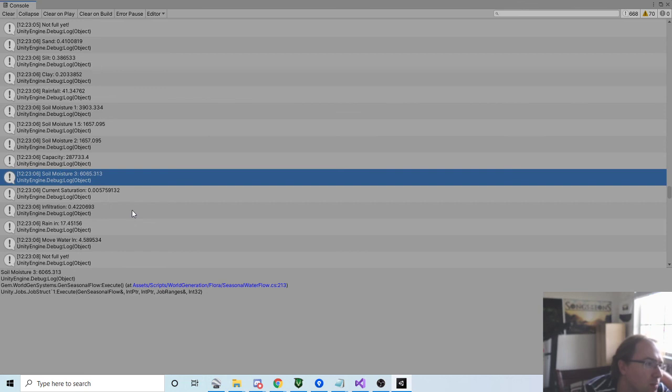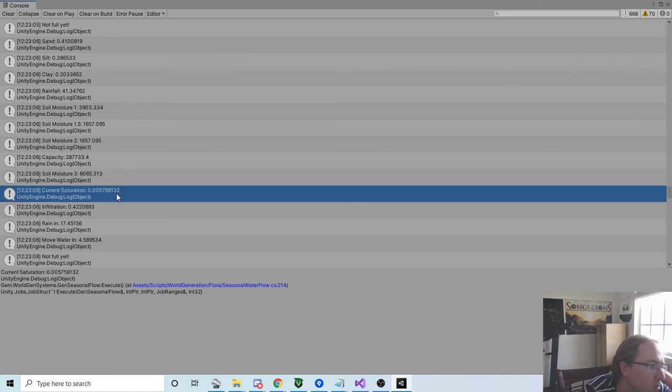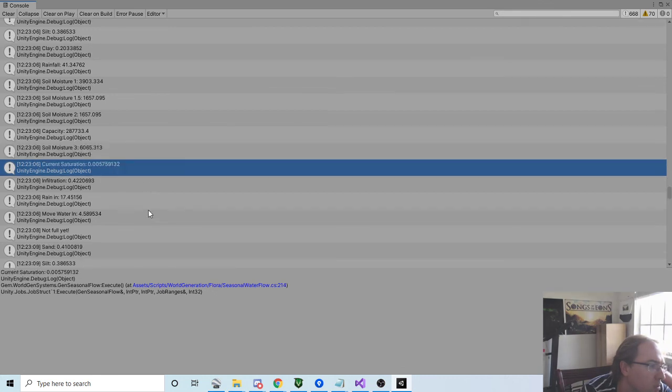Soil moisture. It went back up after adding more, I assume. Current saturation is minuscule.